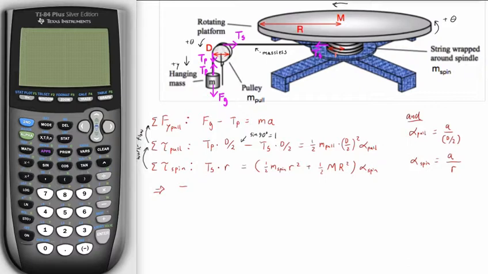All right, so the tension acting on the spindle is going to be 1/2 ms r squared plus 1/2 m big R squared, and then divided by little r.